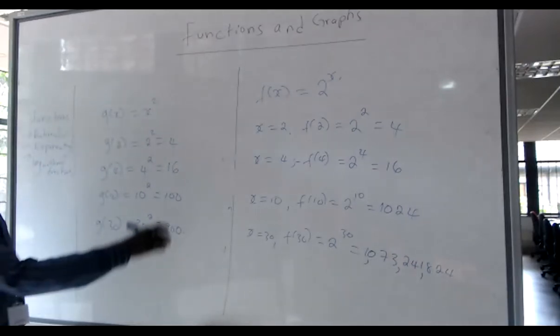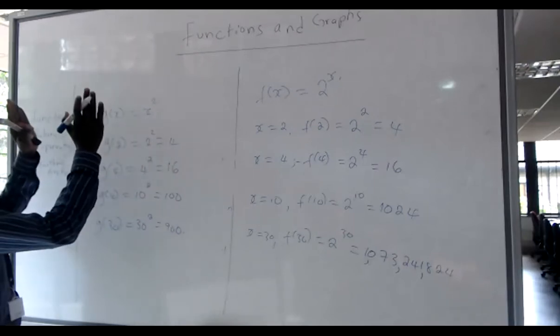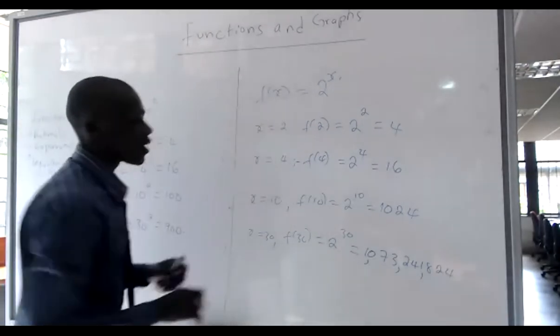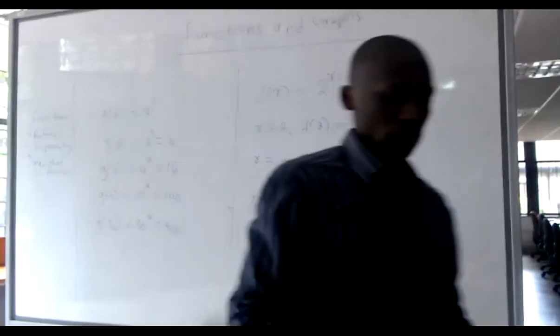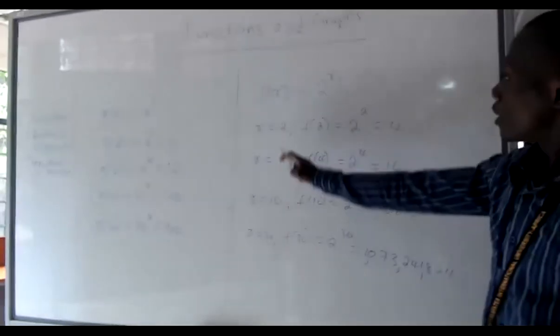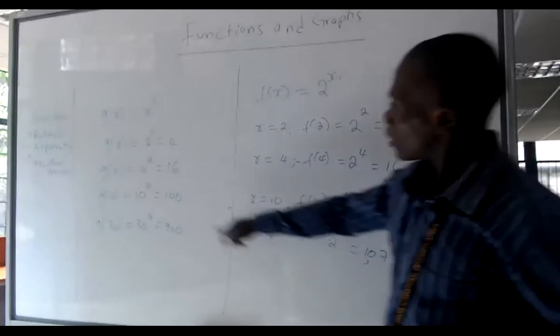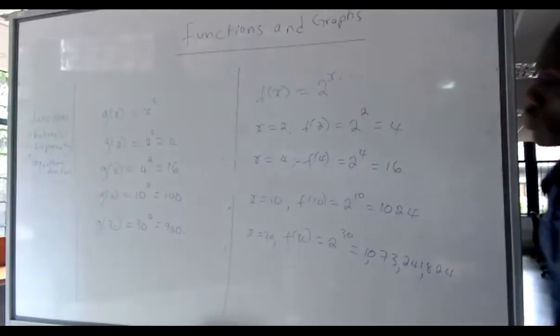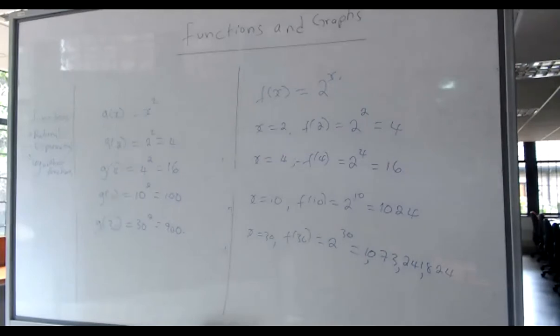What can you say about the values of the function g and the values of the function f? Can you give a comparison? Remember, I'm taking the same arguments, 2, 4, 10, and 30, for both functions. Could you give a brief comparison for the values of the functions?